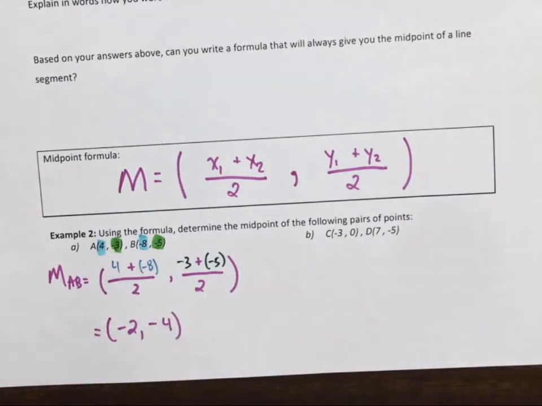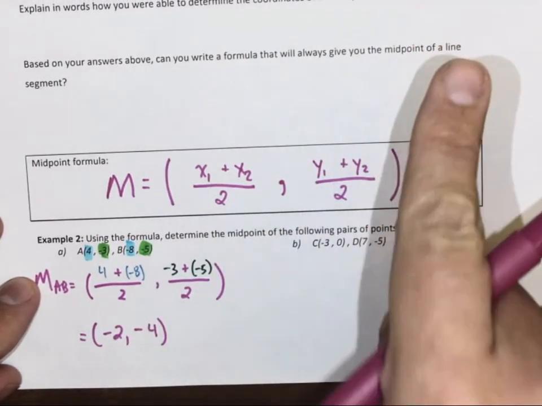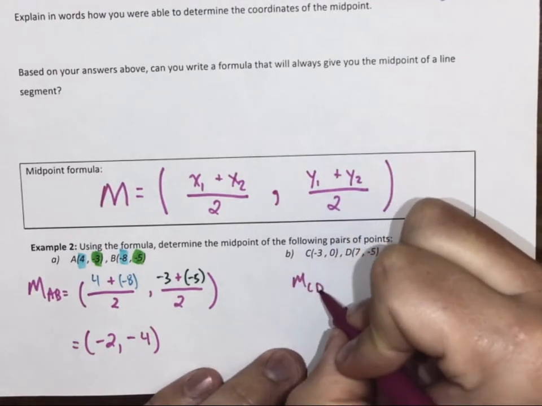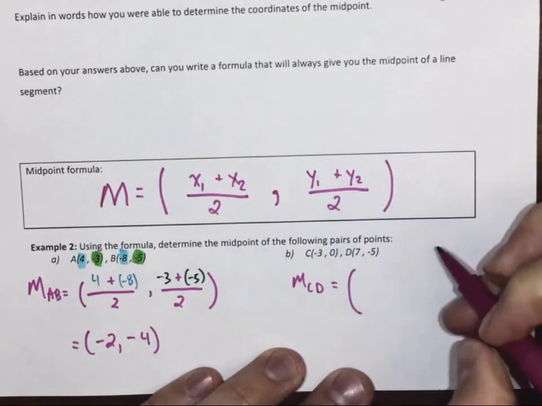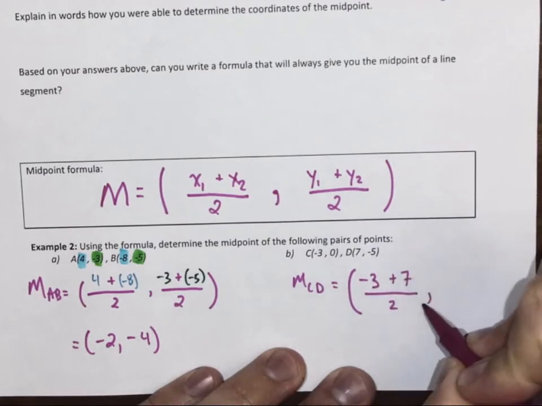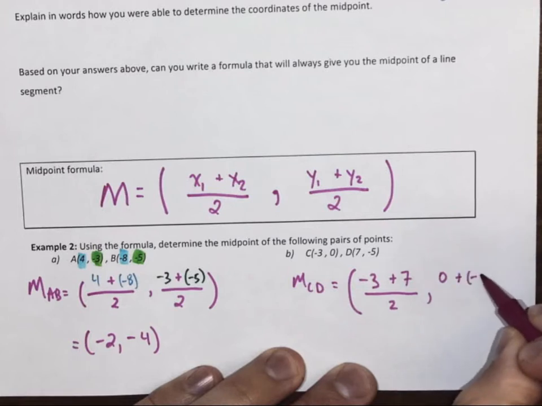So if the line's really far apart, we don't have a graph, we can trust the math that supports our graph. So same thing. The midpoint of CD is going to be negative 3 plus 7 all divided by 2, our x's. Our y's 0 plus negative 5.